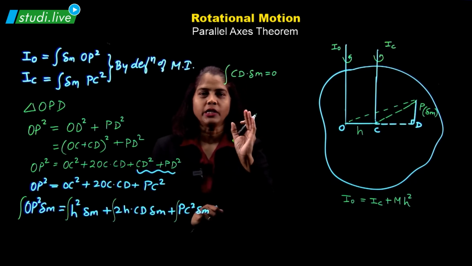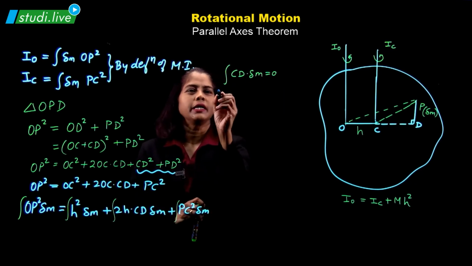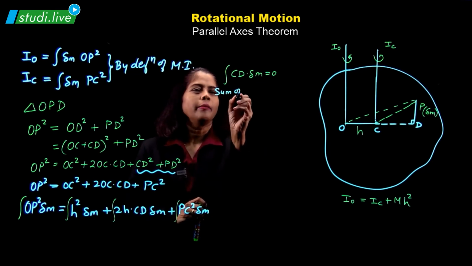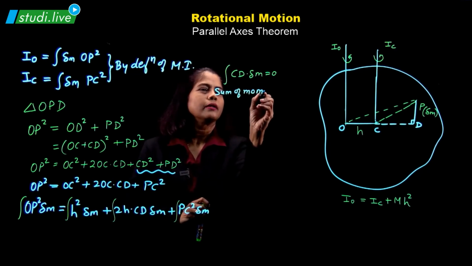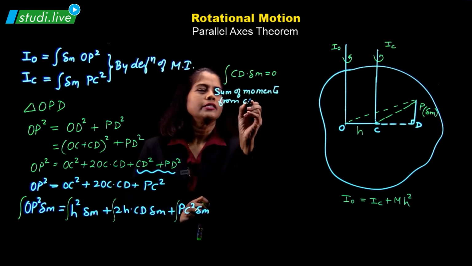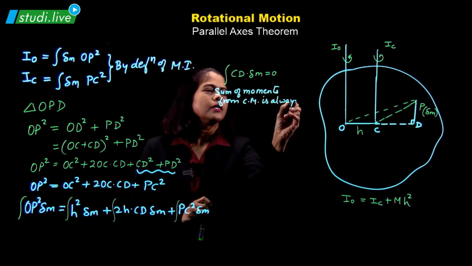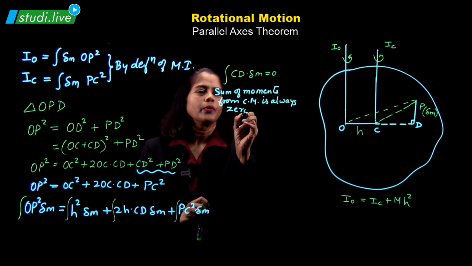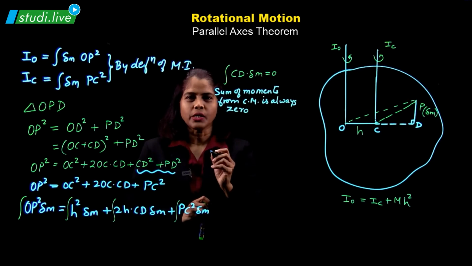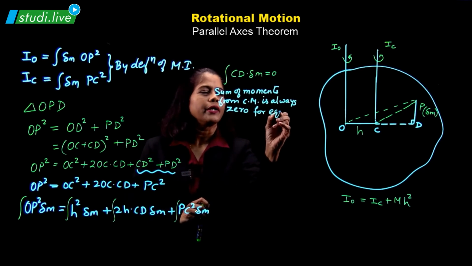Okay. So, this point you have to remember. So, we can just write here, reason for this is sum of moments from center of mass is always 0. Okay, always 0. Remember this part for equilibrium body.